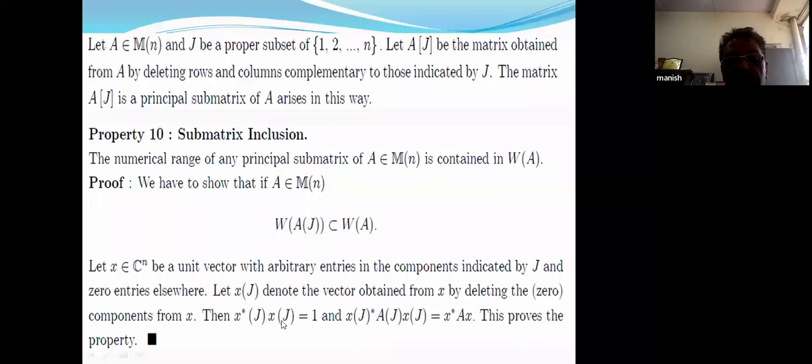Then we calculate X_J star X_J is equal to 1, and this comes out to be X star AX. This proves this property.